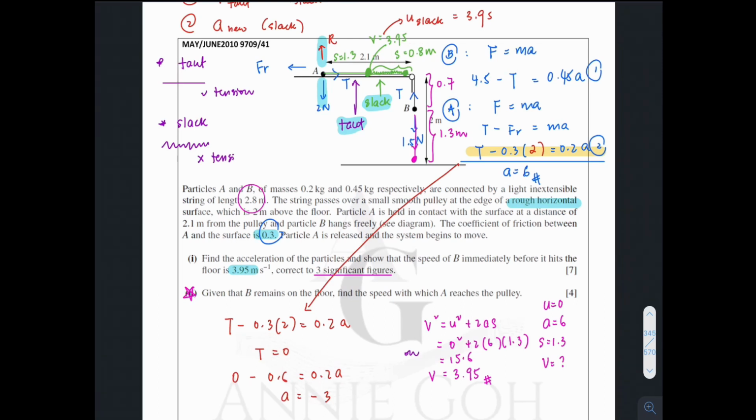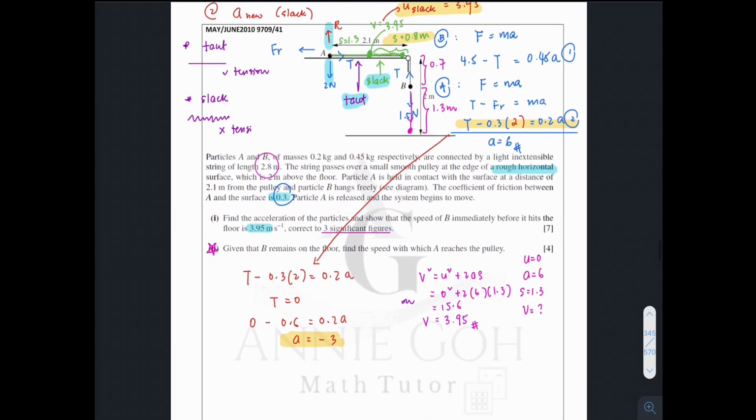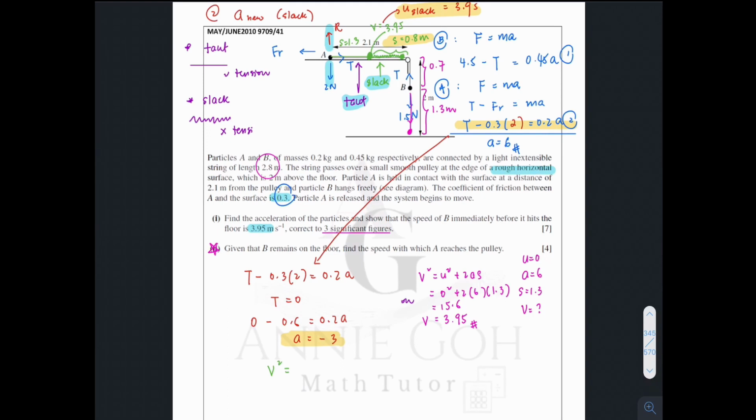Let me highlight this. u is 3.95, the distance traveled is 0.8, and a is negative 3. Hence, we can find the final speed by using the formula v squared equals u squared plus 2as.